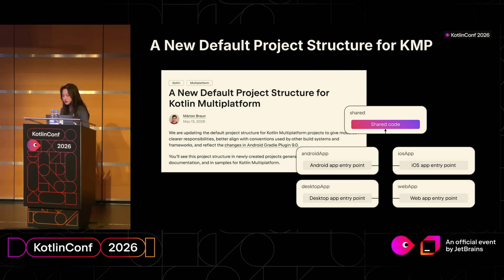The post was just released last week, and I needed to update my talk slide. So now the new default KMP project modules have clearer responsibilities, better aligned with the conventions used by other build systems. And I'm very excited to create a new KMP project now.